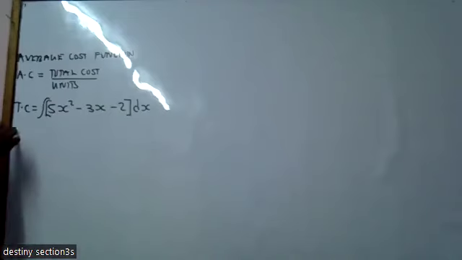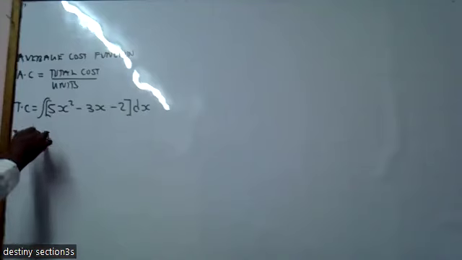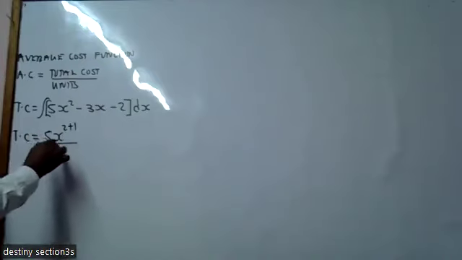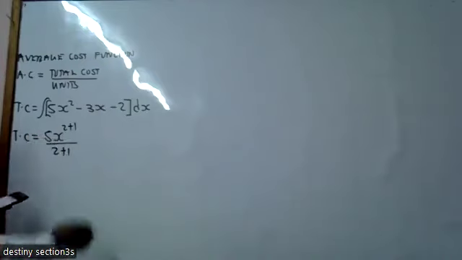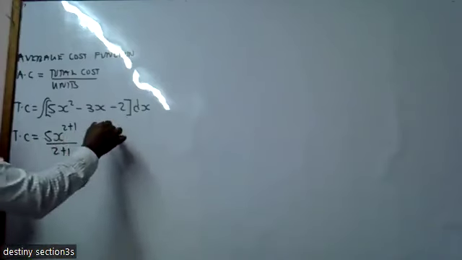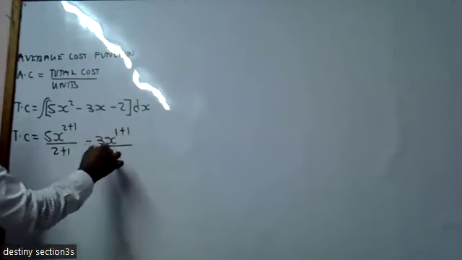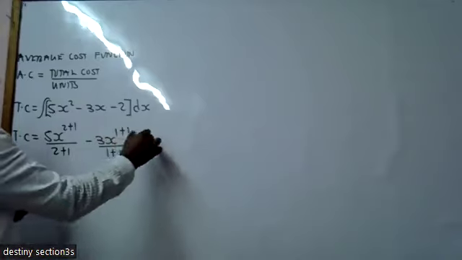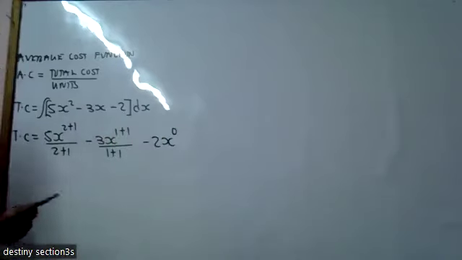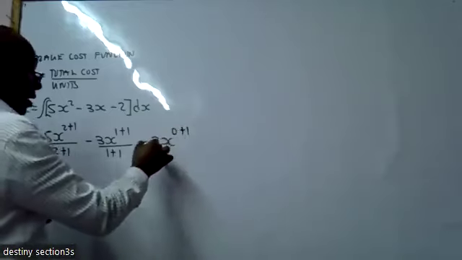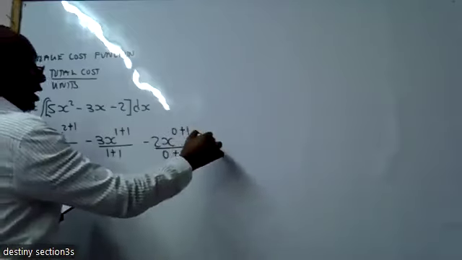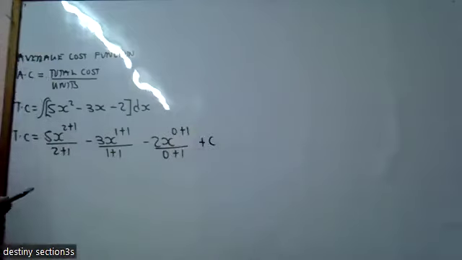If you integrate this, I told you, you add 1 to the power and divide by the new power, 2 plus 1, minus 3x raised to power 1, you add back 1, you divide by the new power, 1 plus 1, minus 2, which is currently x raised to power 0, you add back 1, you divide by 0 plus 1, and then you add c, the constant of integration.